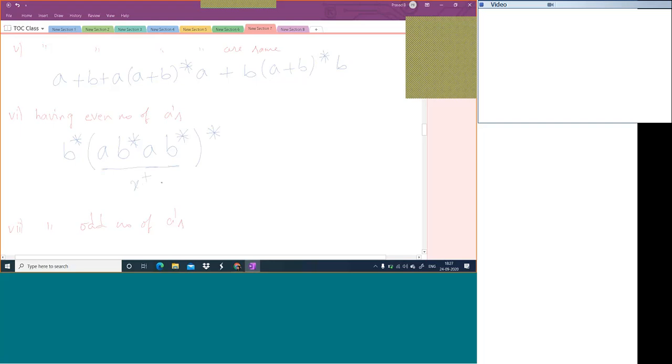What is the meaning of X star? Suppose this is X and whole star is there. What is X star? Epsilon, X, X square, X cube, and so on. Epsilon means I don't get A. What is X here? A B star, A B star, and before that this B star is there.